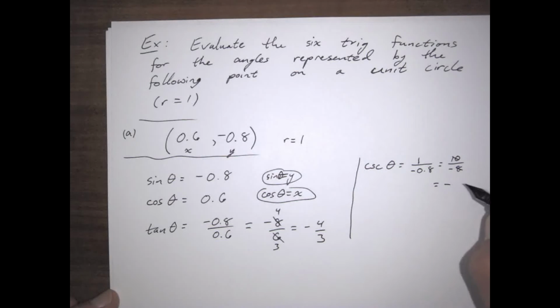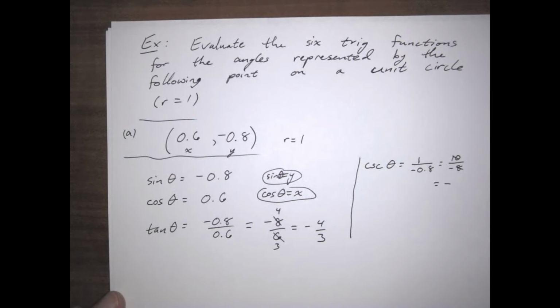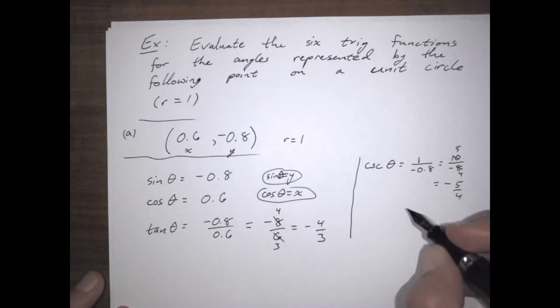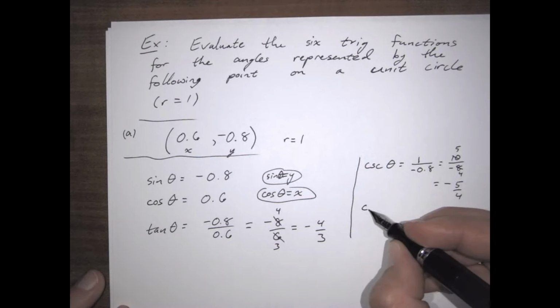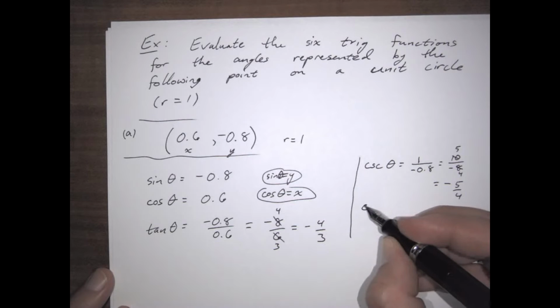Also, a positive divided by a negative is just going to be an overall negative, and we would almost always write the negative in the front of a fraction, unless we had some very good reason not to. Okay, so I'm going to do negative 5/4. And so that's the cosecant.